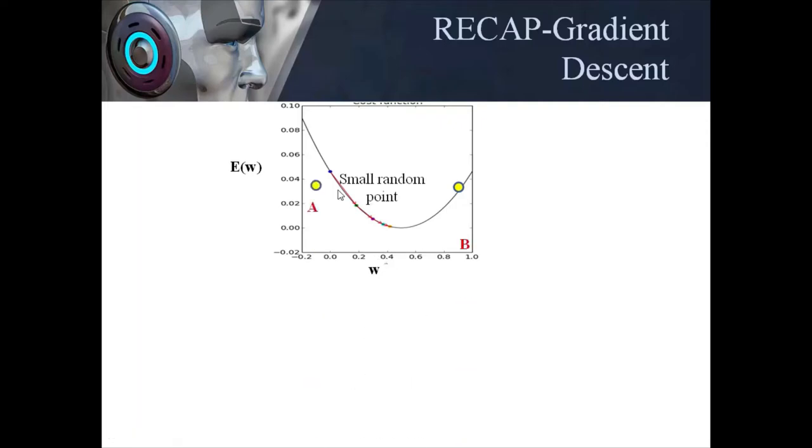Okay, so let there be an initial point, which can be any random point A or B as shown in this figure. So it can be on either side. So eventually what is my gradient descent algorithm going to do?